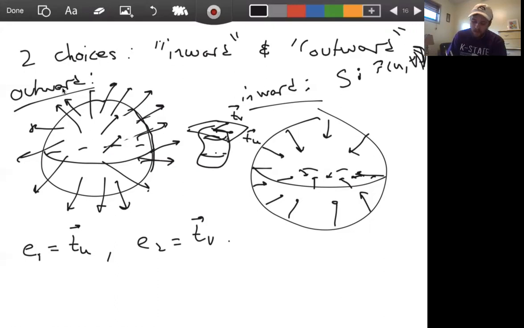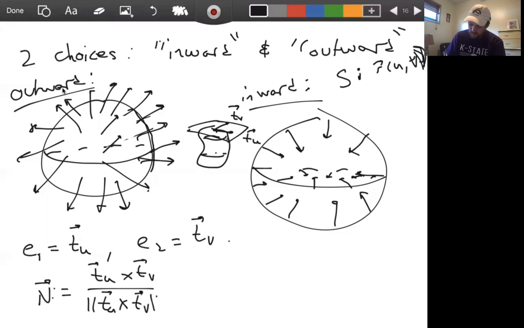And so the outward, well, it won't always be the outward, depending on the function and depending on the surface. So let's say we can think about the unit normal vector n as being defined as TU cross TV divided by its magnitude, right?